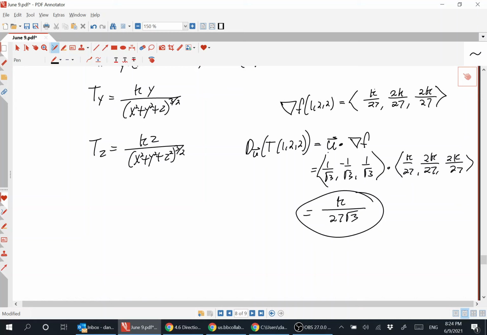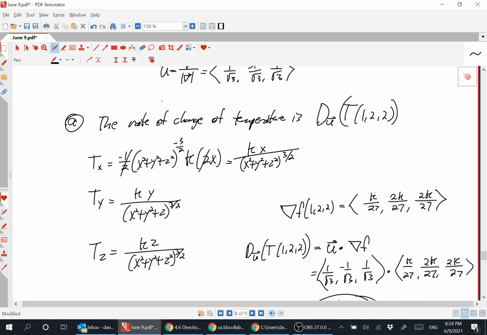Now, the rate of change of temperature is the greatest in the direction of the gradient itself.